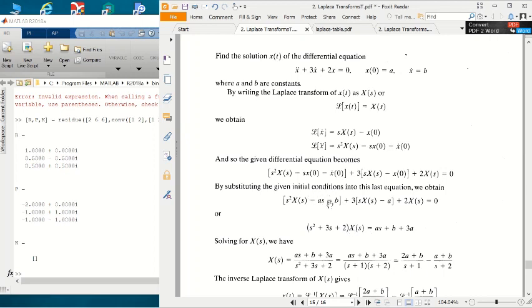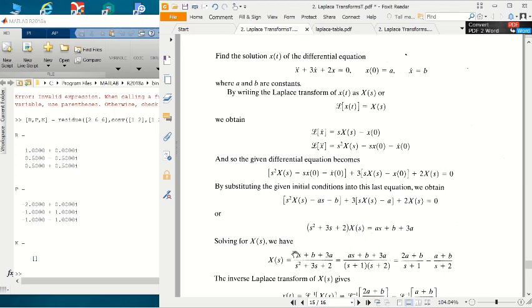Bring the constant multiplier to this side, and you have that. Then you can express X(s) by bringing this to that side.